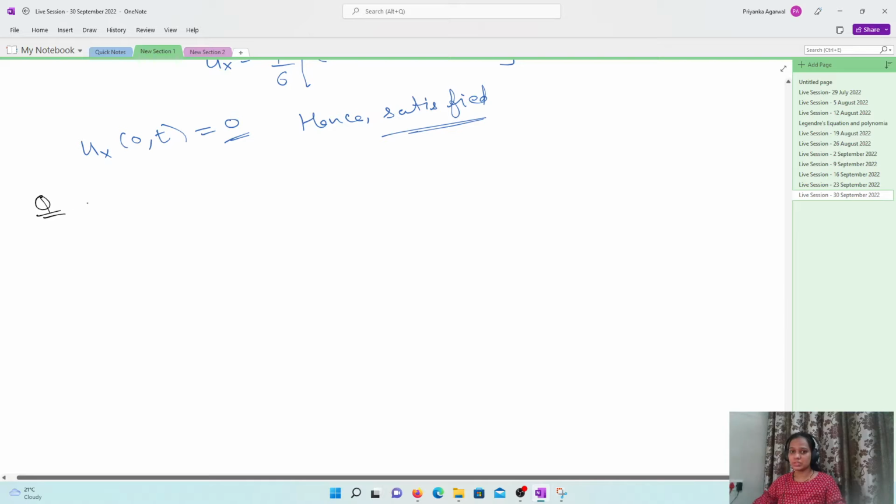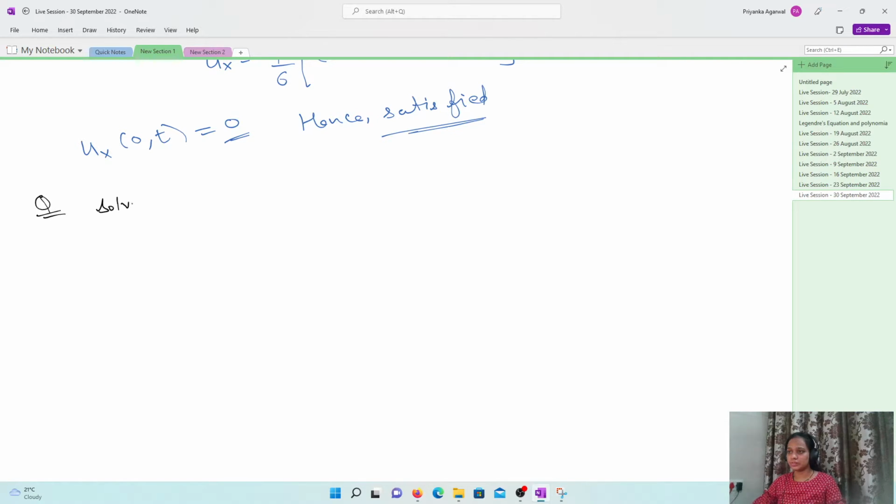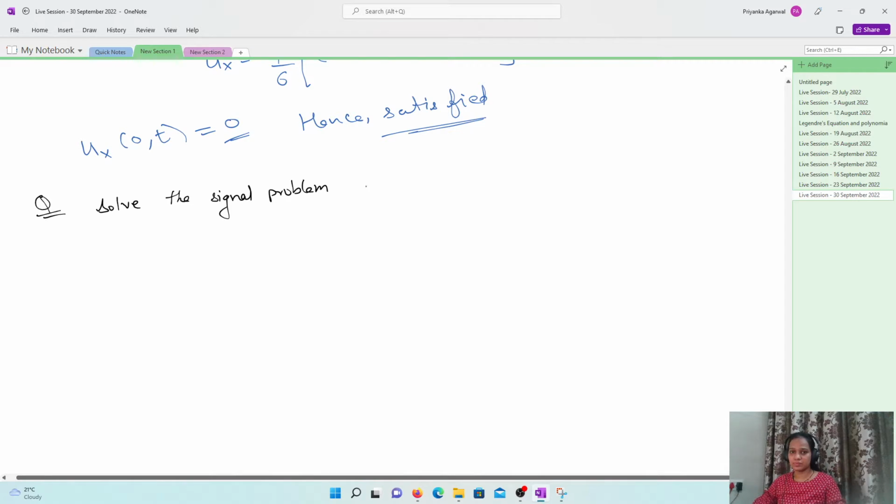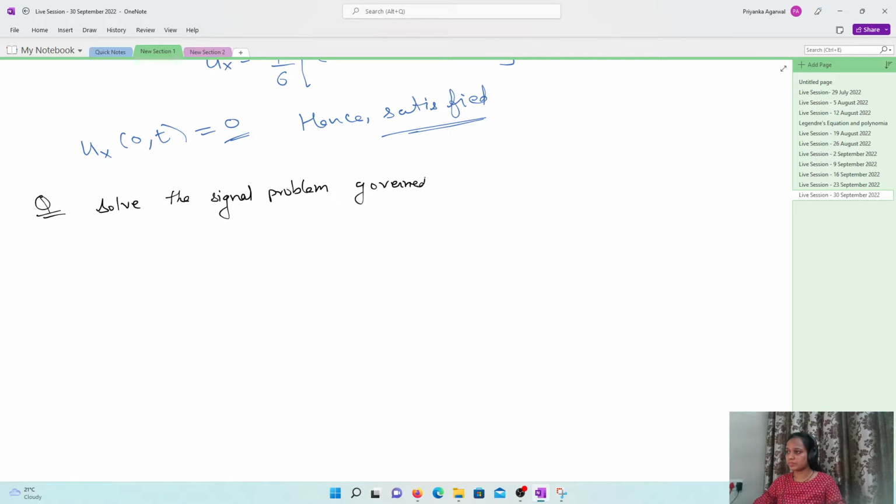Now the question is, solve the signal problem governed by the wave equation, which is utt equals c square uxx, where x is greater than 0 and t is greater than 0.